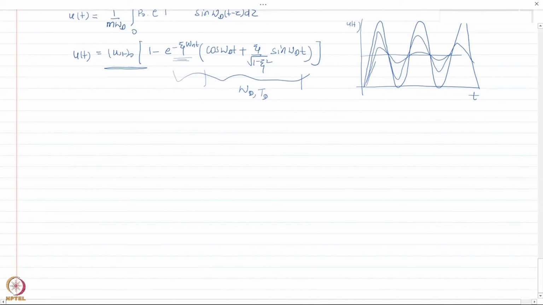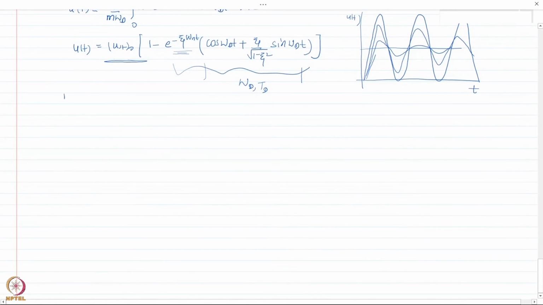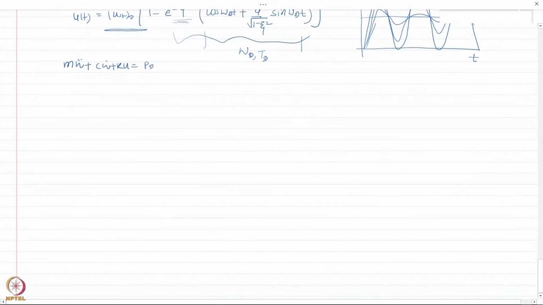Now in this case, you saw that the utility of the Duhamel integral won't be that effective. If you had this expression to solve for a damped system, with the right-hand side equal to p naught, it might just be easier to find it using the common method of solving a differential equation.